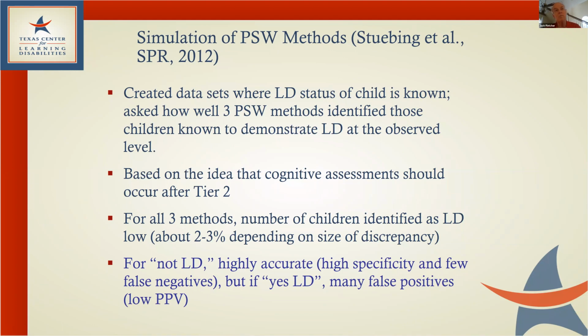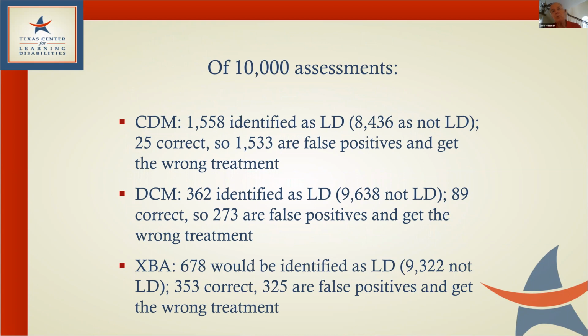So if I did 10,000 assessments, this is simulated data, and I used a consistency discrepancy method, I would identify 1,558 as learning disabled, 8,436 is not learning disabled. 25 decisions would be correct, so 1,533 are false positives and get the wrong treatment.